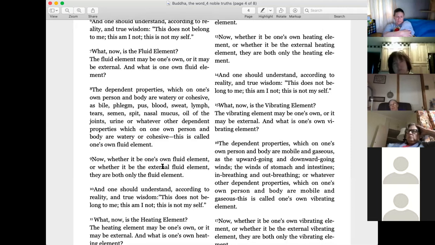And if we understand, when we look at what makes the earth element, what makes the fluid element, what makes the fire element, we recognize that each one of those things doesn't belong to you, and at the same time, it's not you. So our blood, it doesn't belong to us. We don't have ownership of it.